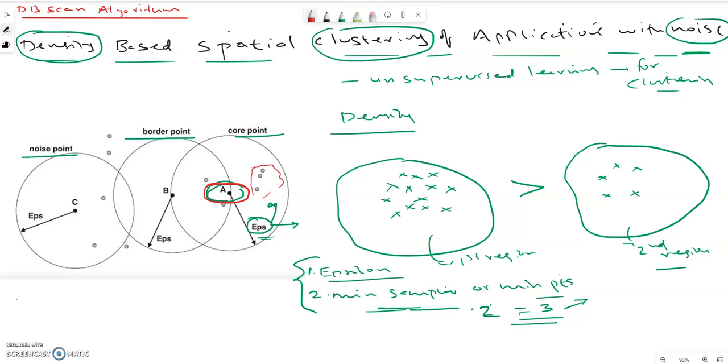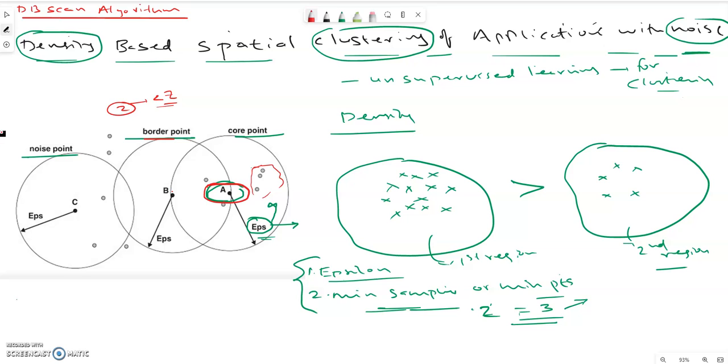Now let's see the second type of point, which is called a boundary point or a border point. In order to say the point is a boundary point or a border point, it has to satisfy two conditions. Number one, the number of neighbors must be less than Z, and the point should be in the neighborhood of the core point.